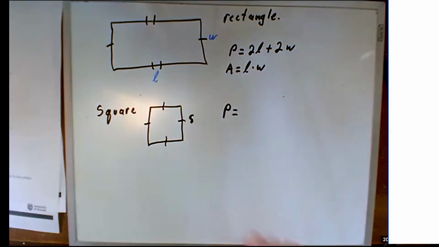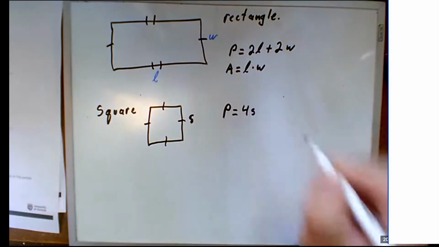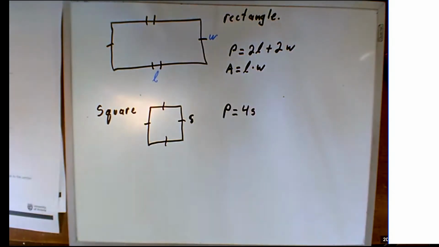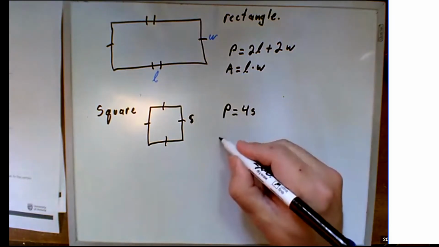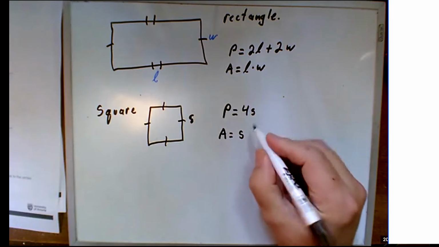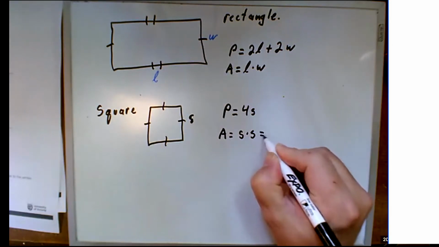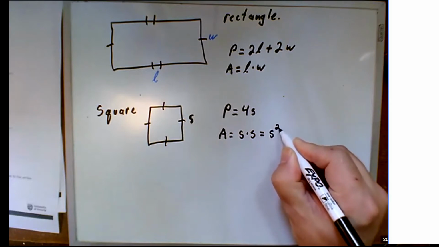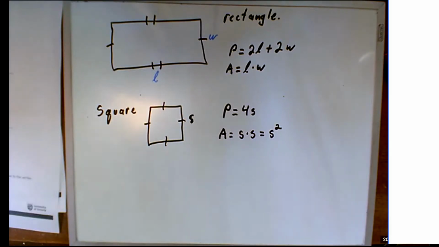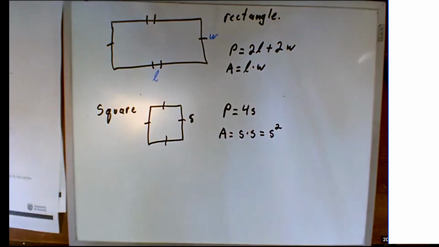The perimeter of a square is just 4 times the length of the side, because there are 4 sides. And the area is going to be the side times the side, also known as the side squared. And that's why we call it squared. That's where the term comes from, from that shape of the square. Side times side gets us side squared.